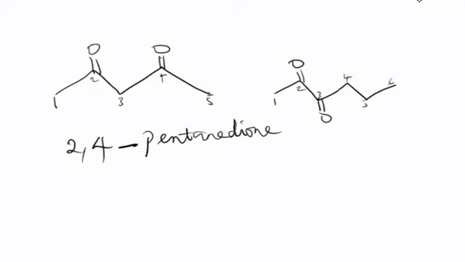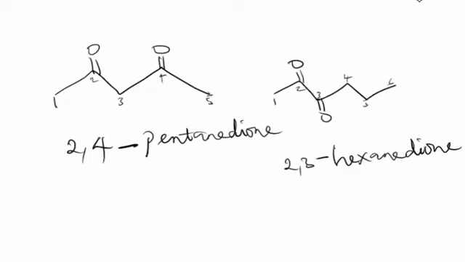So I'll have higher numbers for my functional groups, which I don't want. So with these, I'll have a ketone at carbon 2, a ketone at carbon 3, and then this is a 6 carbon alkane, which is a hexane. So I'll call this 2,3-hexanedione. Wow, this is getting more interesting.